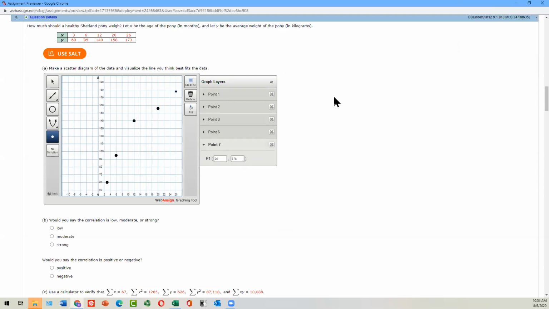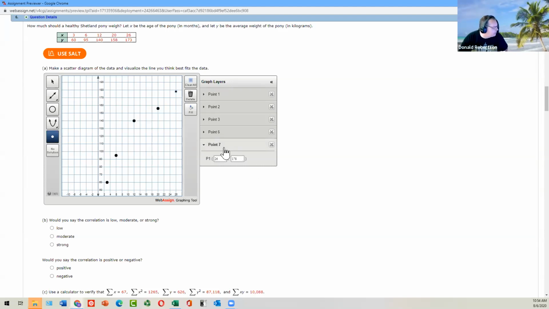Okay, 173. I don't know why I thought it was 178. So if you just put it kind of close, can't you go to that little menu on the side and tweak it so it's perfect?